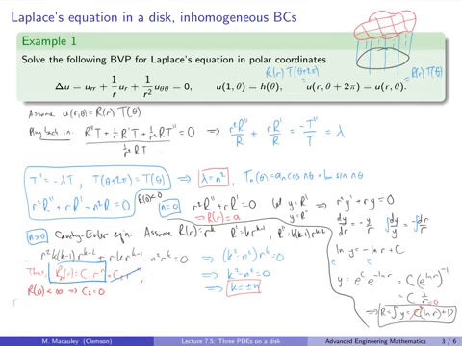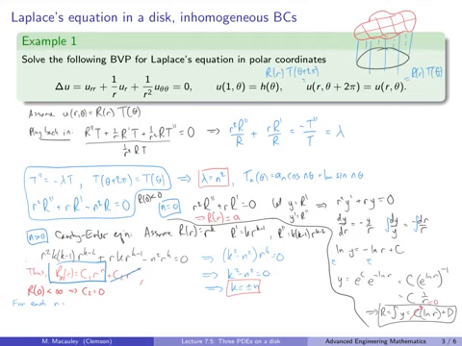So thus, for each n equals, let's see, can we start at 0? When n equals 0, we have a constant term here, just an a naught, and we have a constant term here.